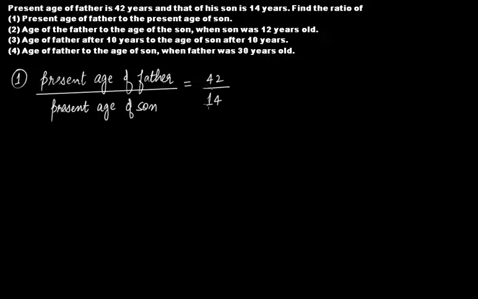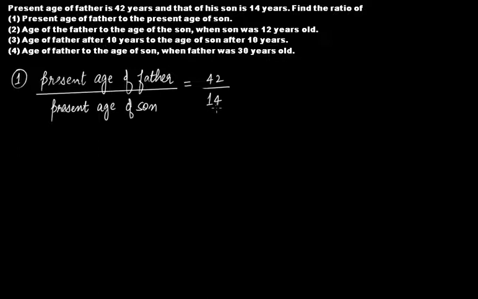Now this has to be simplified in its simplest form in order to tell the exact ratio. If we have to simplify it in its simplest form, then first find out the highest common factor. If you find out the highest common factor of 42 and 14, then that will be 14 only.